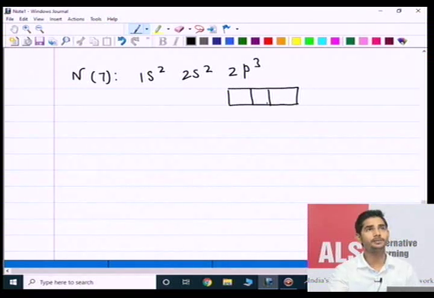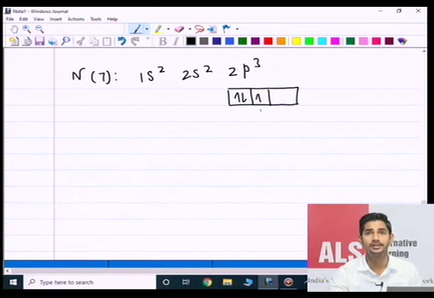We know that p subshell has 3 orbitals. The power 3 represents the number of electrons. So, how can we fill these 3 electrons in these orbitals? See, I can fill it like this: upward arrow, downward arrow, upward arrow. This is one of the methods.